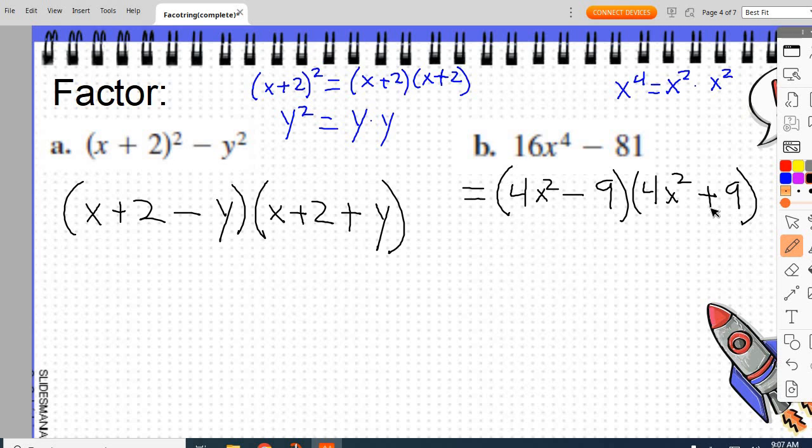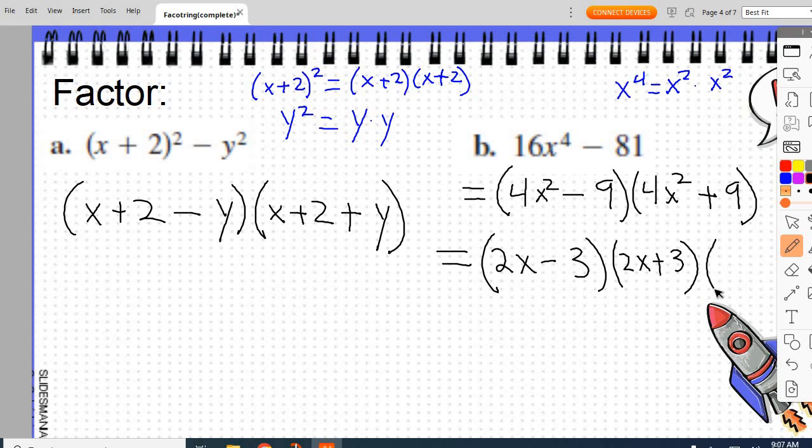So on that first parentheses, we can use our difference of squares formula again. So what's going to multiply together to give me 4x squared? 2x, and then what's going to multiply together to give me 9? 3. And again, remember we need one with addition and one with subtraction.